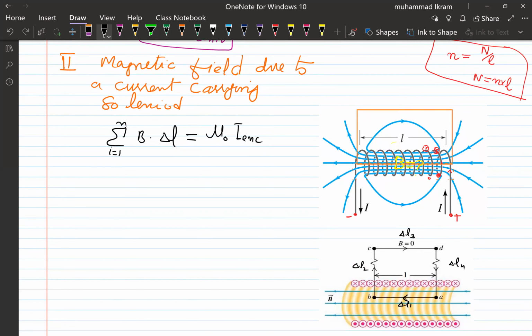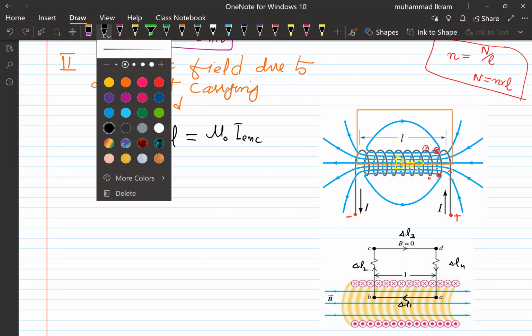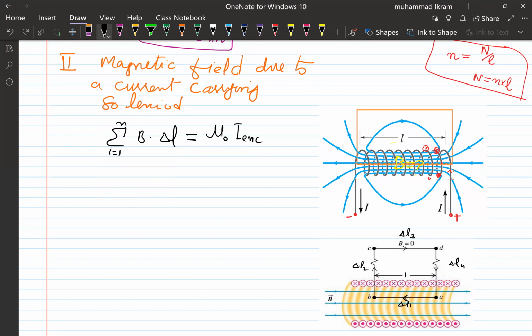So the sum from i equals 1 up to 4 of B dot delta Li equals mu naught times the current enclosed by the circuit.